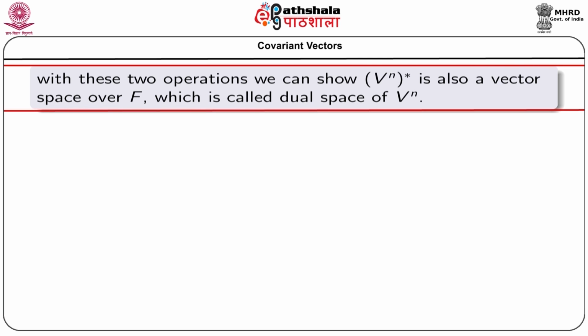With these two operations, we can easily show that V_n star is also a vector space over F, which is called the dual space of V_n.